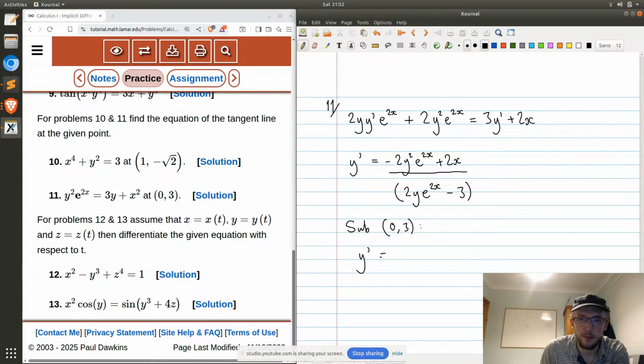So y prime equals negative 18 over, that will be e to the 0, which is just 1, plus 2 times 0, which is nothing. This will be 6. 6 minus 3 is 3. So we have minus 6.